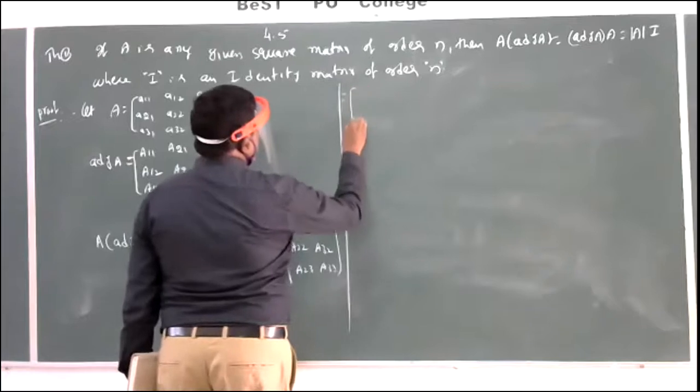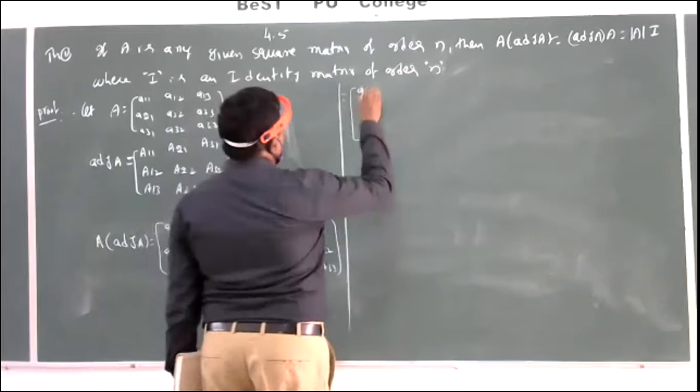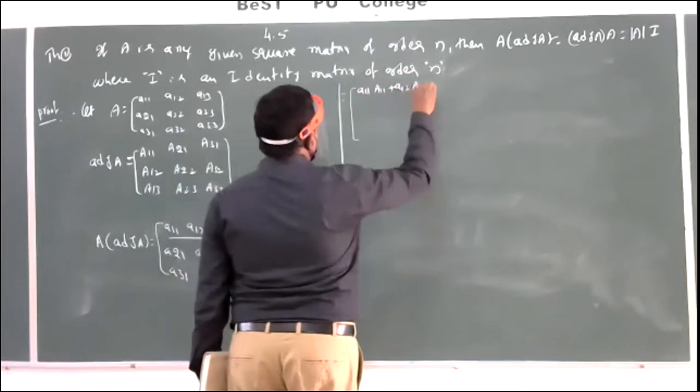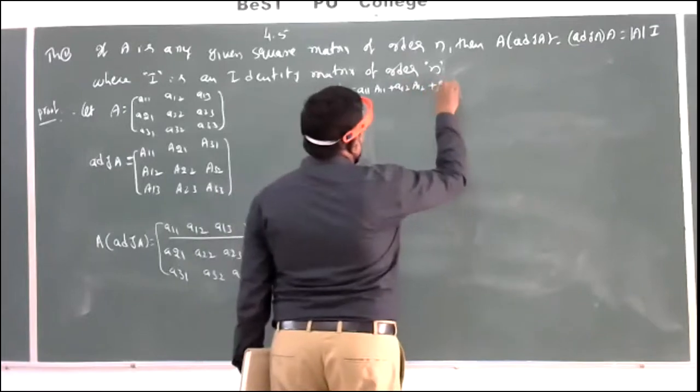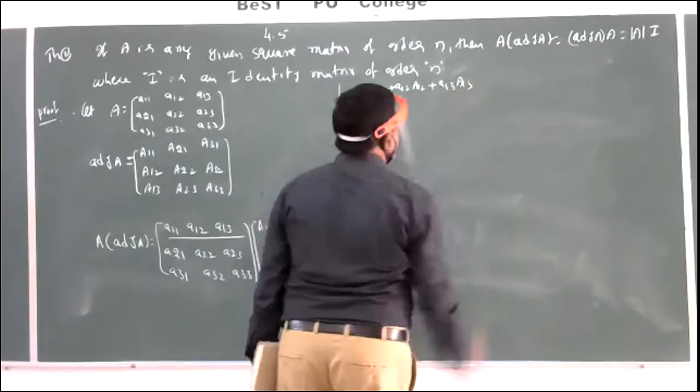Then this is equal to A11 capital A11 plus A12 capital A12 plus A13 capital A13.